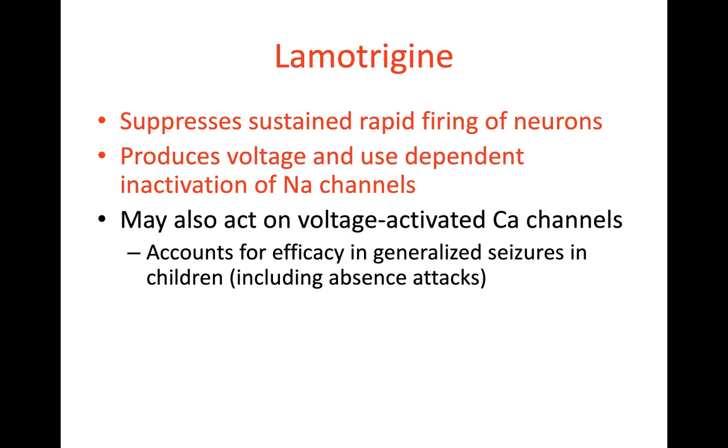Those rapid firing neurons tend to be more susceptible to lamotrigine, just like a lot of these other drugs. The mechanism seems to be sort of a blockade or shutting down of the sodium channels. It can possibly act on the calcium channels there. The calcium channel activity sometimes may be associated with some of its mood stabilizing effects.